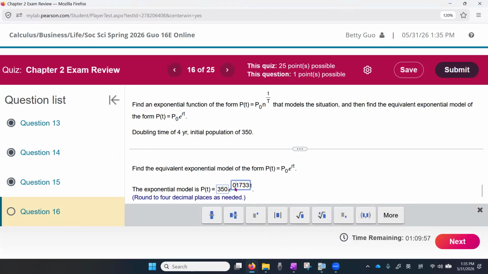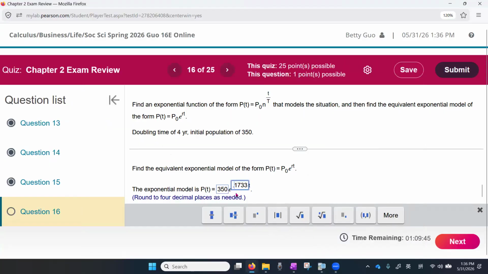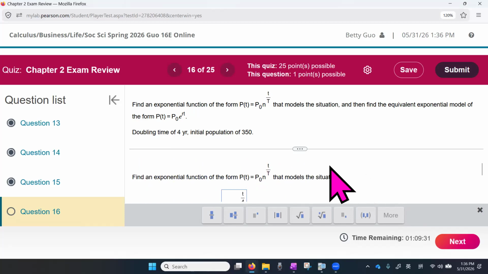Did I enter the point? Oops. 0.1733, 4 decimal places. Right, and that's it. We need to be very careful when we enter the answer.